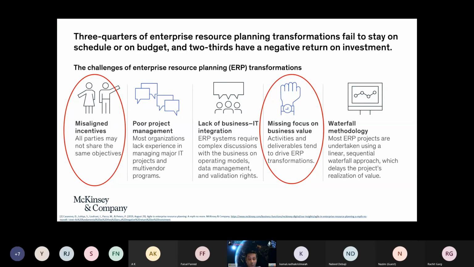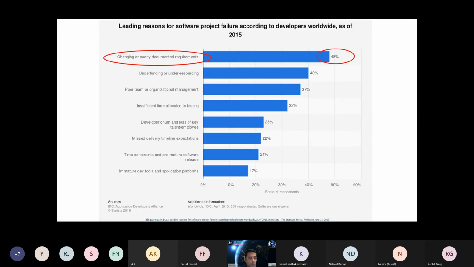And understandably so. As per another survey conducted by Squarespace, in which they were trying to identify leading reasons for software project failures, the highest number of respondents, around 48%, as you can see on the slide, said that the key reason they thought for project failures was changing or poorly documented requirements.